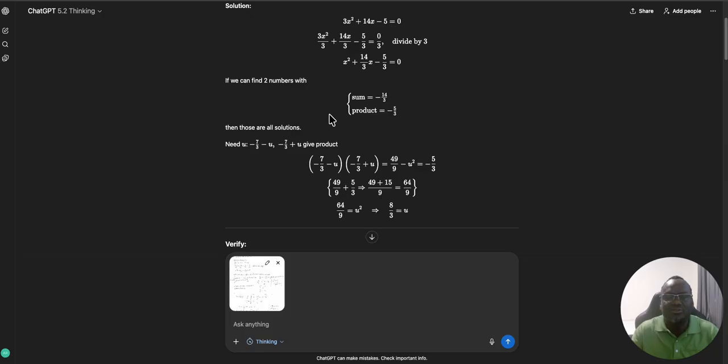And then those are all solutions. So if we can find two numbers with the sum equal to this and product equal to this, then those are the solutions. And then it says, okay, we need a u, so that negative 7 over 3 minus u and negative 7 over 3 plus u give the product, which is 49 over 9 minus u squared, which is equal to negative 5 over 3.